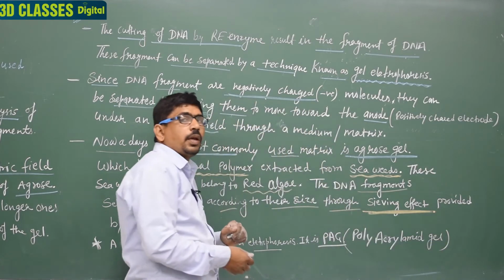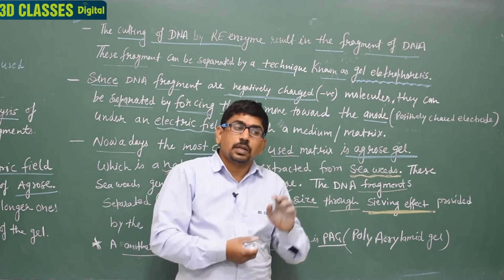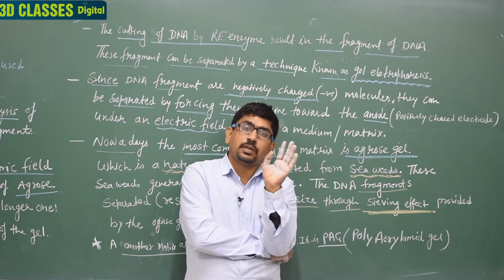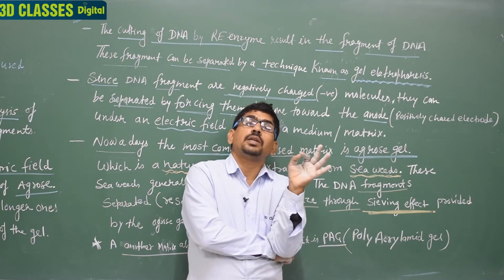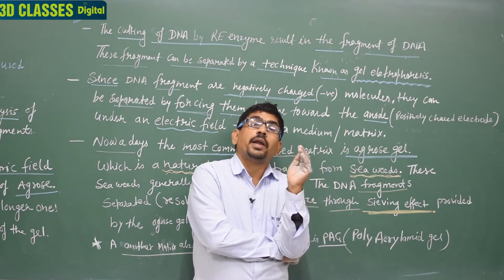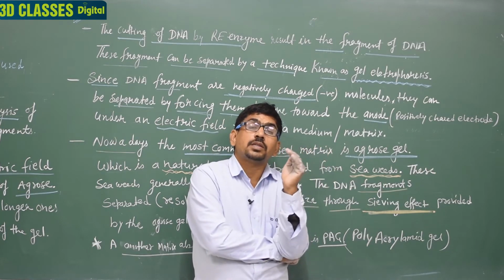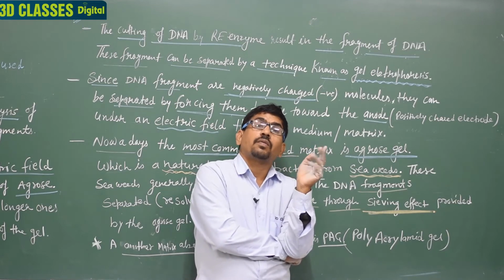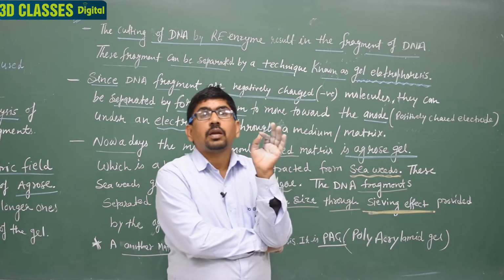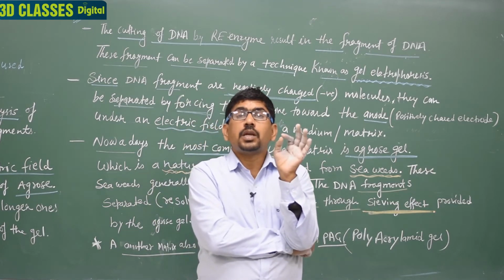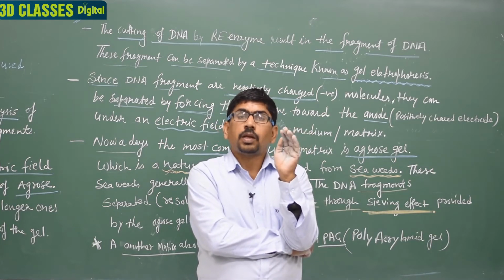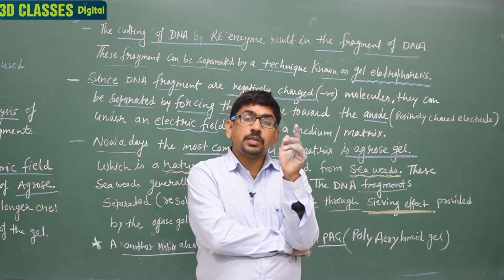So, students, here are two terms, PAG and PEG. Earlier we discussed PEG. PEG is generally utilized in tissue culture, protoplast fusion, and we discussed it in the chemical gene transfer method. The full form of PEG is polyethylene glycol.